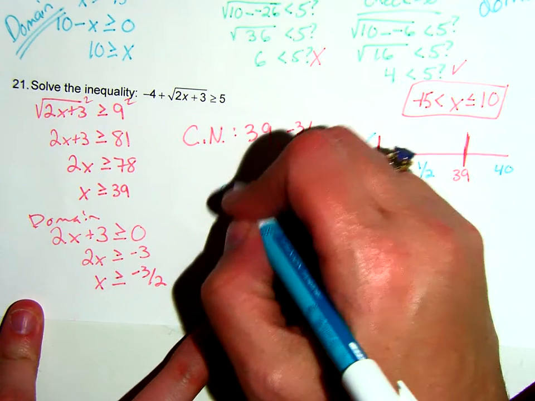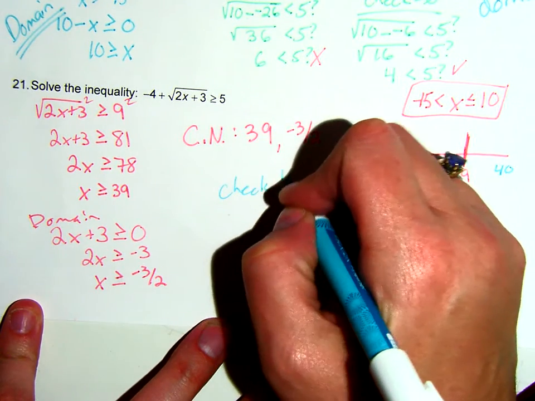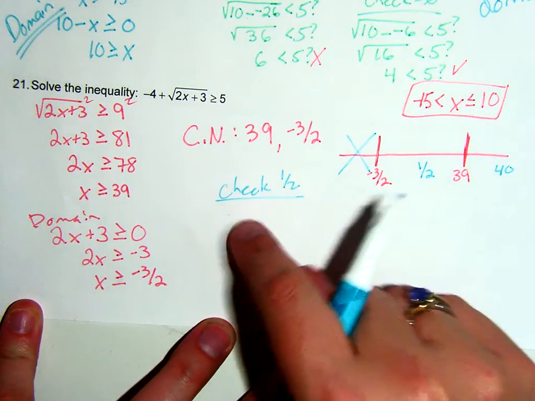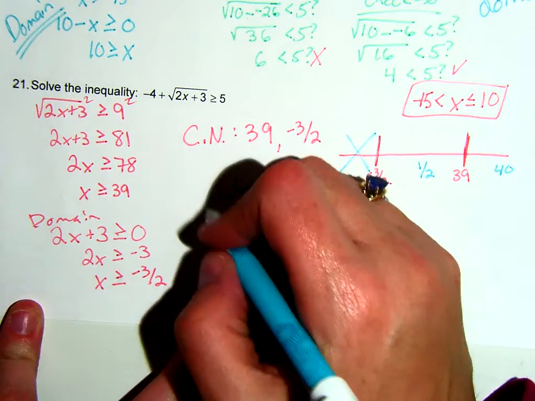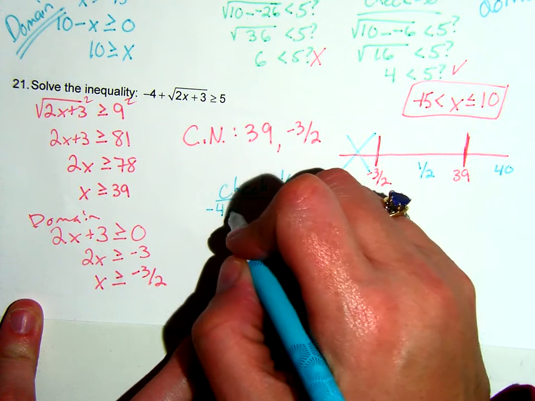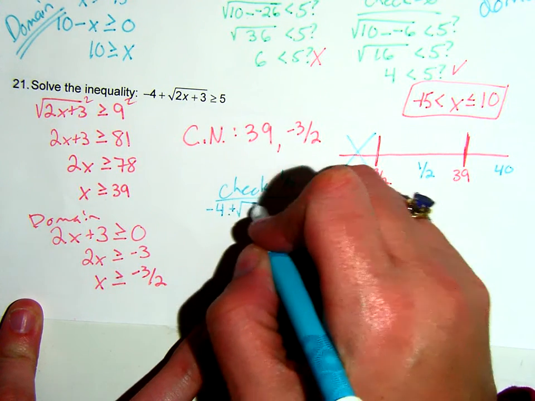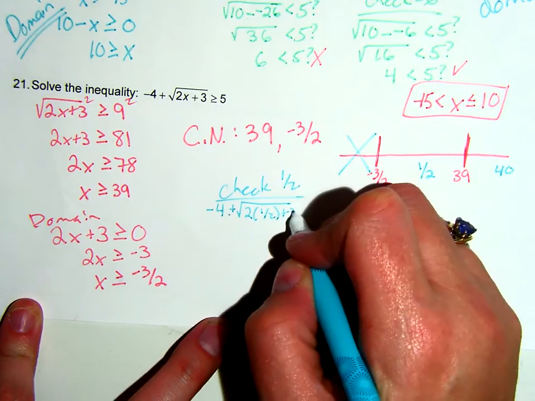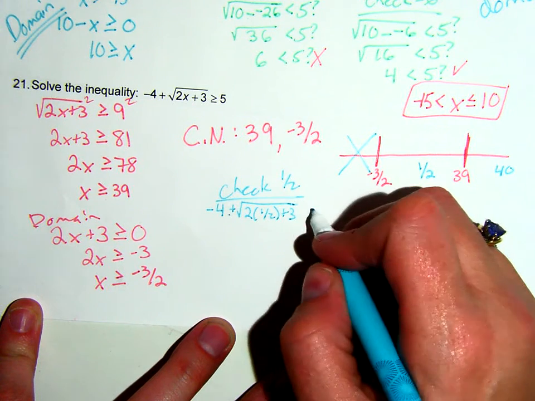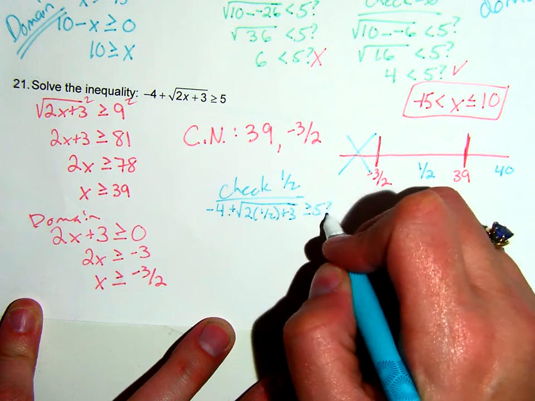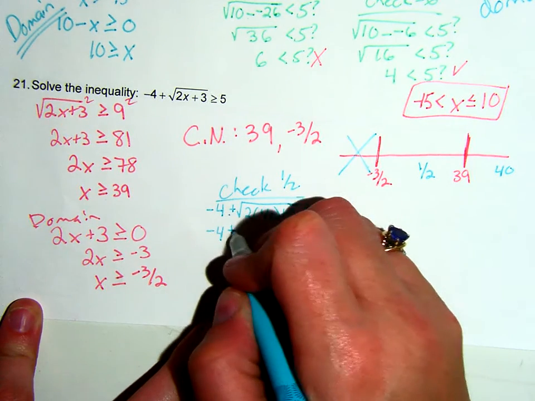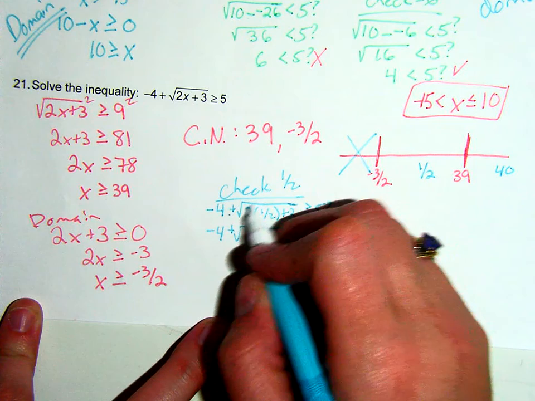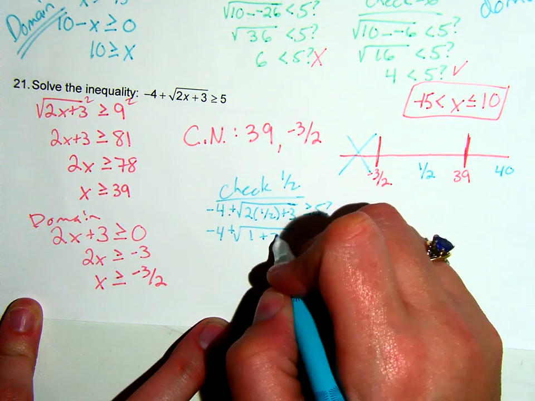So, checking 1/2. Plug 1/2 into the original inequality. So negative 4 plus the square root of 2 times 1/2 plus 3, is that greater than or equal to 5? 2 times 1/2 is 1.